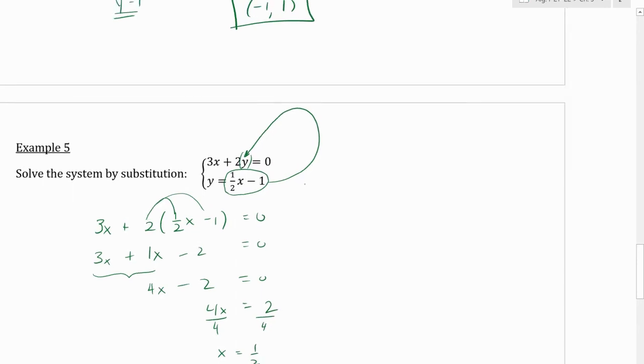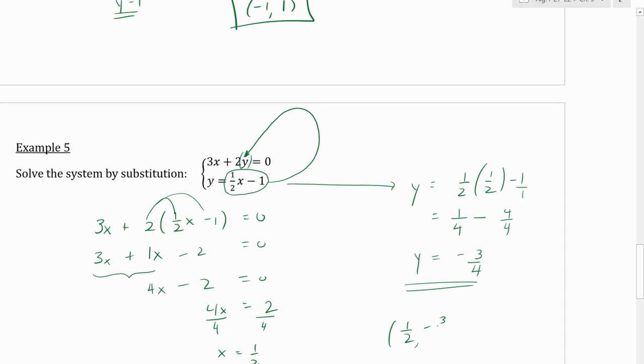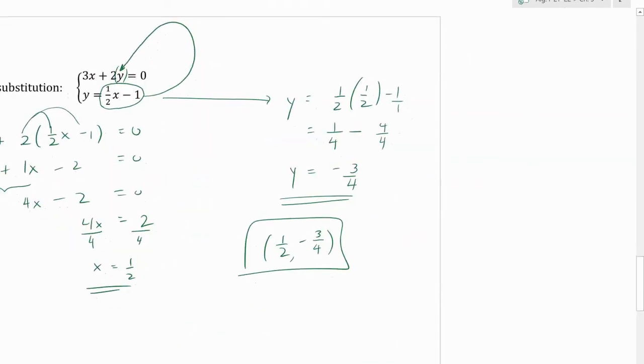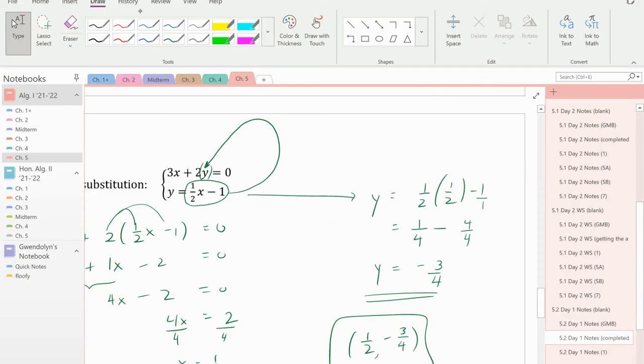Okay. y is 1/2 times x minus 1 more. Okay, remember 1 over 1, that's the thing, is 4 over 4. There's y, 1/2, negative 3/4. Sometimes they're fraction answers. We're not going to do that too much while you're learning how, but I just want you to see one where it's like, oh, it can be a fraction. And if we checked it, we'll do it in a different color.